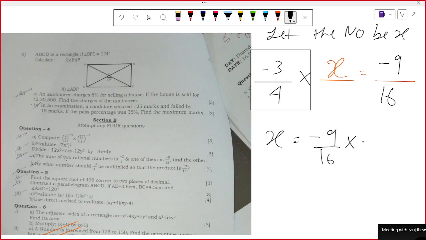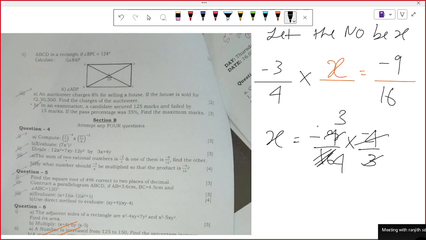It's not 3 by 4, it is 4 by 3. When multiplication goes that side, it becomes division and the value is reciprocal. Yes, sir. When we cancel it, 4 fours are 16 and 3 threes are 9, sir. So we get 3 by 4. Minus into minus is plus 3 by 4.